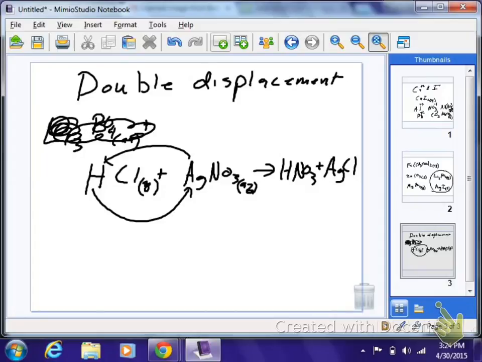Double displacement. Okay, so let's look at doing the same thing we've already done, and we're going to go ahead and write down if it's aqueous or it's a solid. So write aqueous or solid in those two places depending upon what your table says.